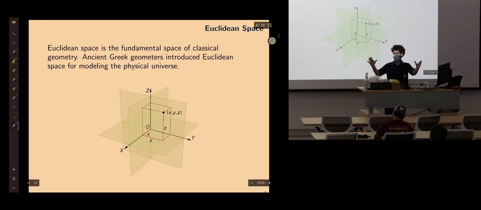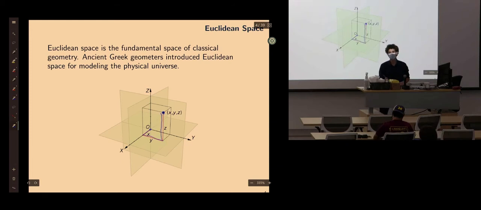Now, assuming the space is flat, as we see, we can think about any point, let's call it x, y, and z, with respect to an origin, we call it O. We can decompose this to different components, 3 components as x, y, and z.